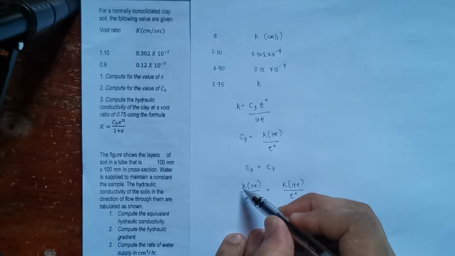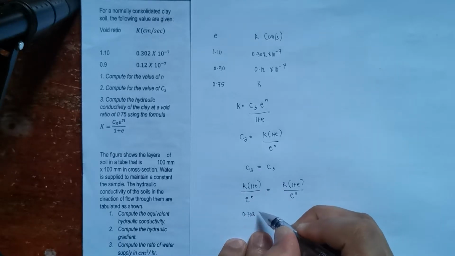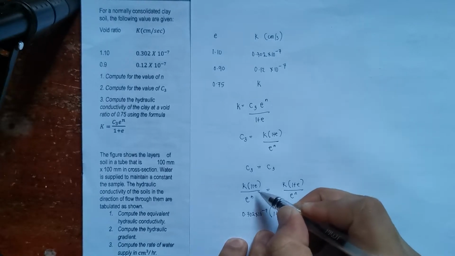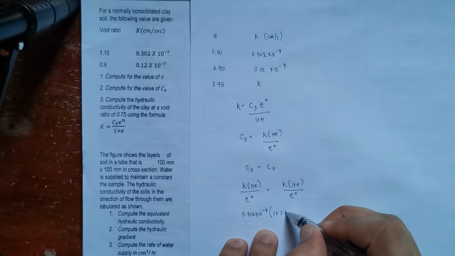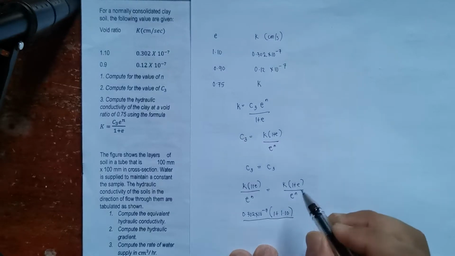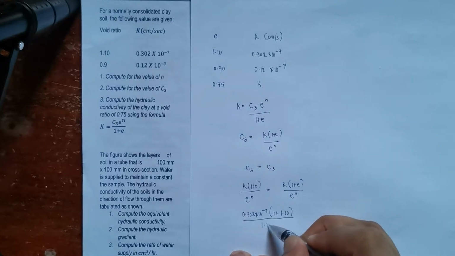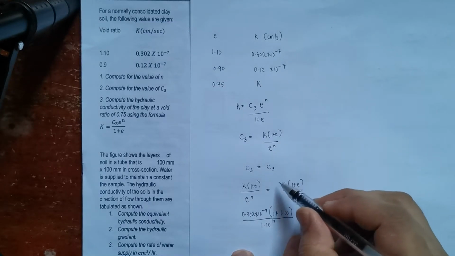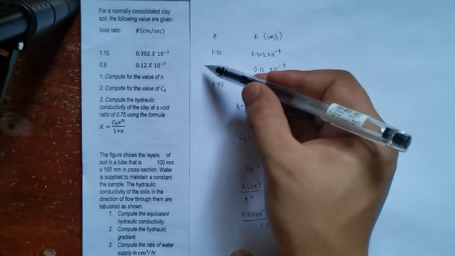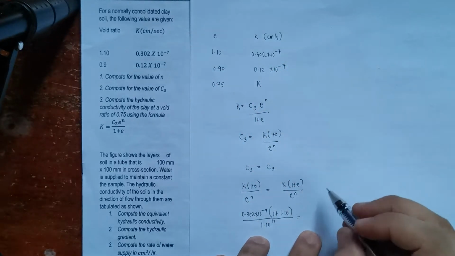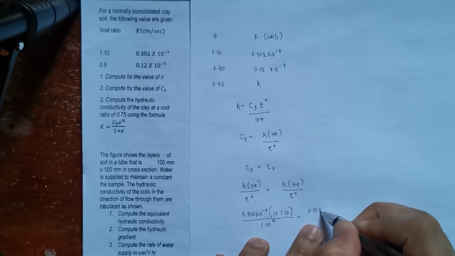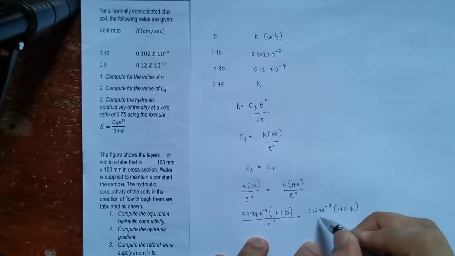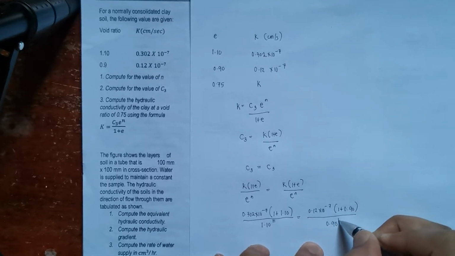So, substituting, the K is 0.302 times 10 raised to negative 7, 1 plus E, first values muna tayo, 1.1 over 1.1 raised to N, equivalent to parameter naman ni second values, which is parameter mismo ng void ratio of 0.9. K is 0.12, 1 plus 0.90 over 0.90 raised to N.